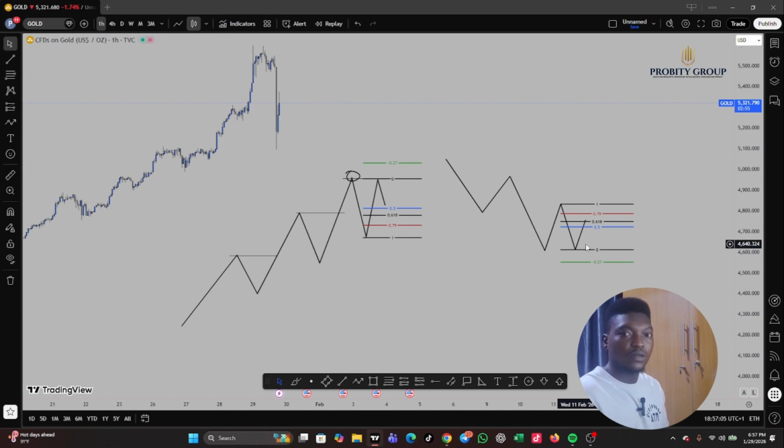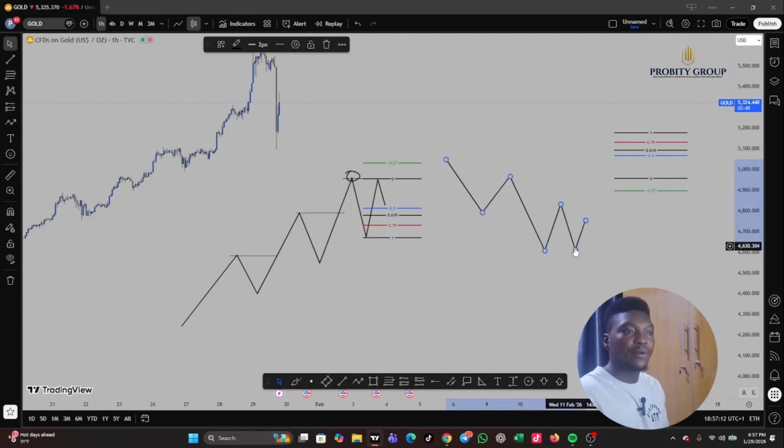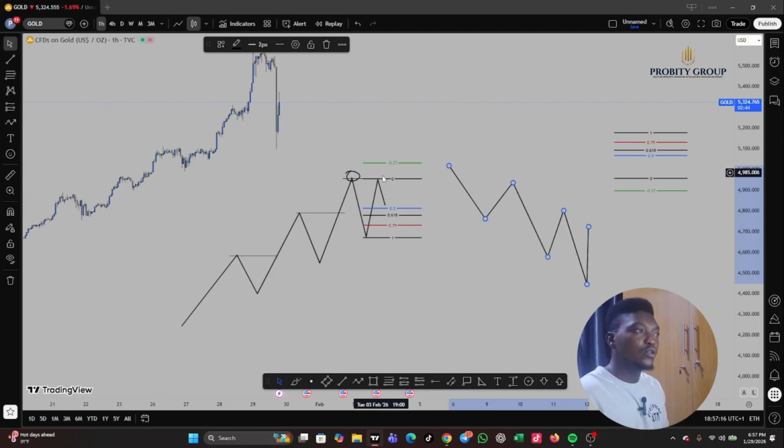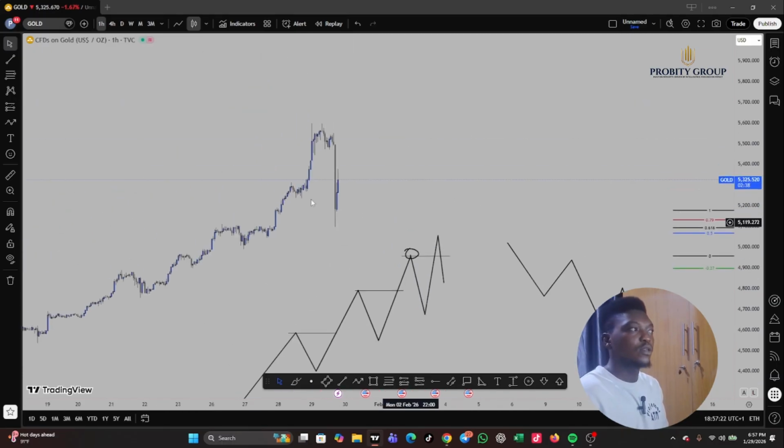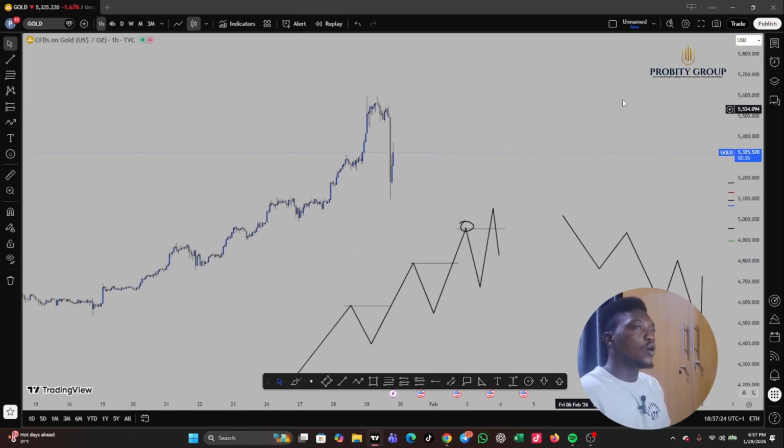It will not work. That's the honest truth. So only take fib when price breaks structure to the downside. Only use fib when price breaks structure to the upside. So that is a bullish example on gold.